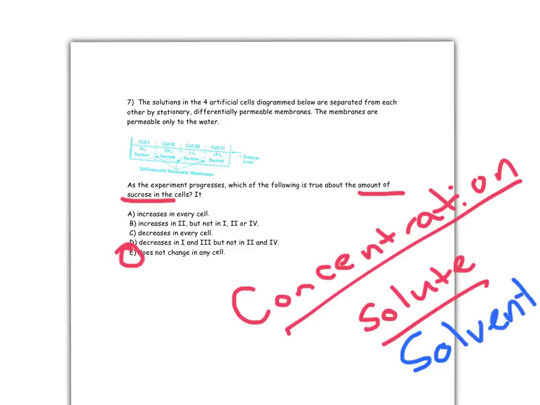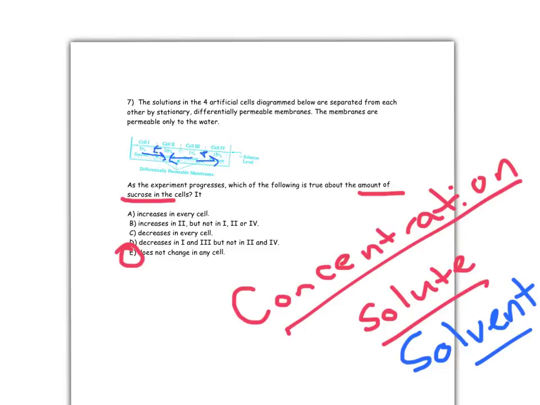And for each of the cells, the water would move from this area to that area, and from this area to this area and that area, and of course it would move vice versa as well, but just in smaller amounts.